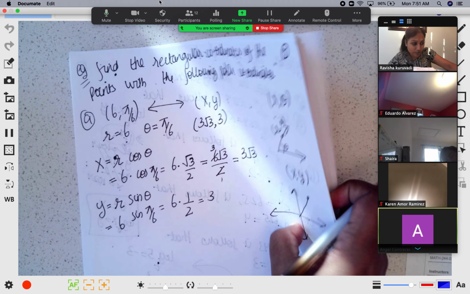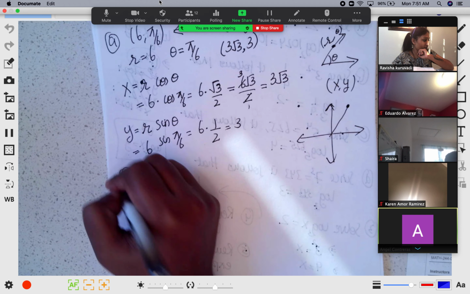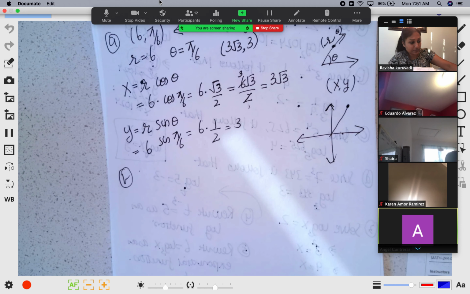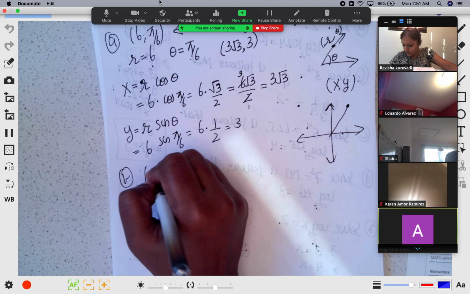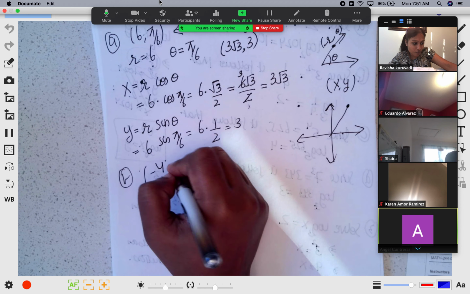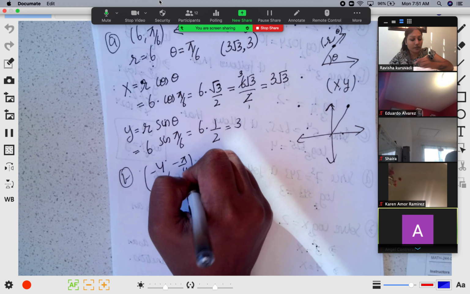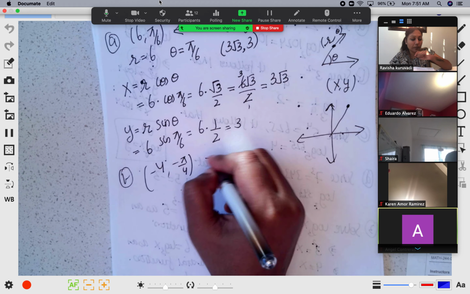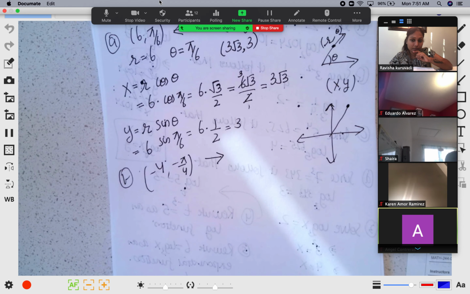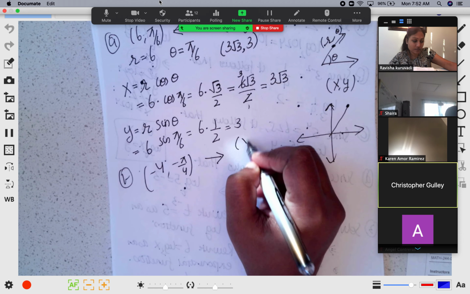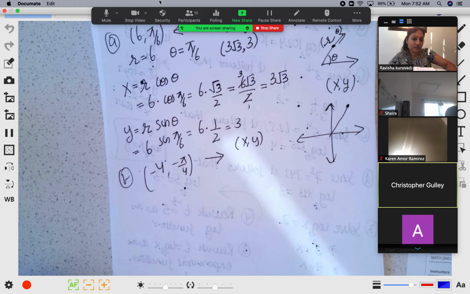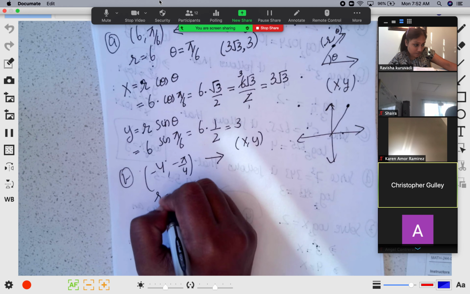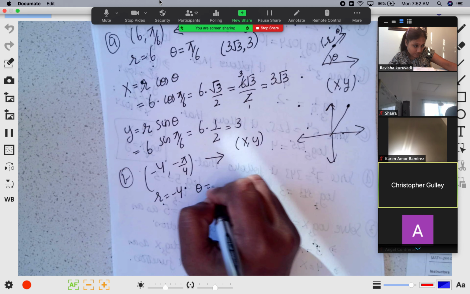Let's do one more example. Okay, Christopher: -4, -pi over 4. This is your polar form, and I want you to convert it into rectangular form. So r is -4 and theta is -pi over 4.